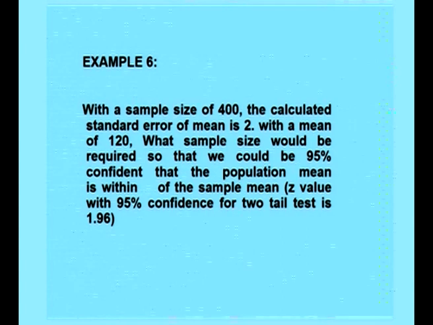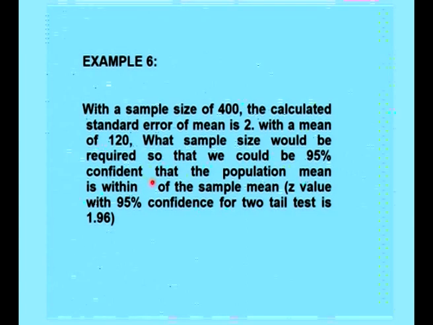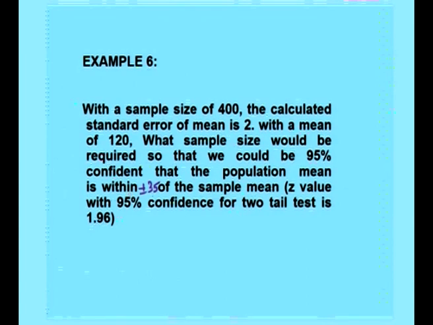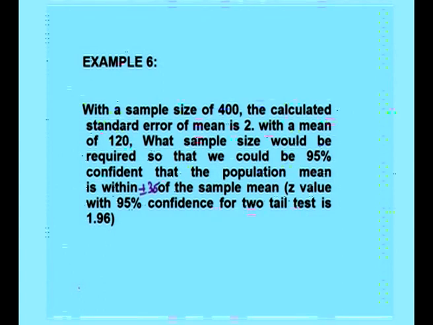Standard error of mean is given, and with a mean of 120, what sample size would be required so that we could be 95% confident that the population mean is within plus or minus 3.5 of the sample mean. The Z value with 95% confidence for a two-tail test, 1.96, is given. Okay. Now we will go ahead with finding the sample size n value.